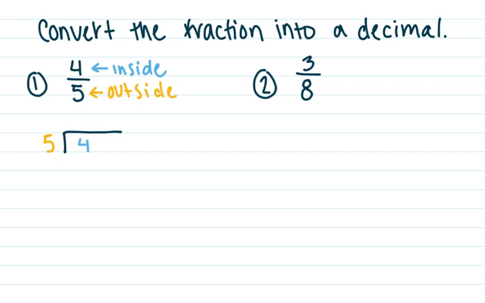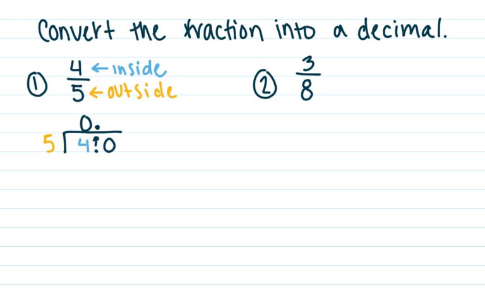Now, I know that 5 cannot fit into 4, so I'm going to put a 0 on my quotient line. Then I need to add a decimal point, bring it up to my answer line, and add a 0. We continue to divide because our whole goal is to turn this fraction into a decimal, so there has to be a decimal point somewhere, and that is how we add it to our problem.